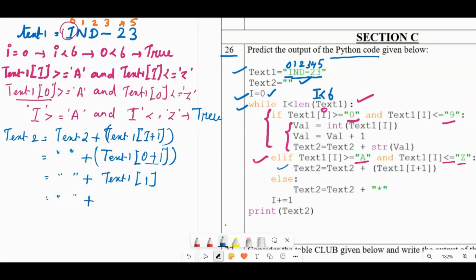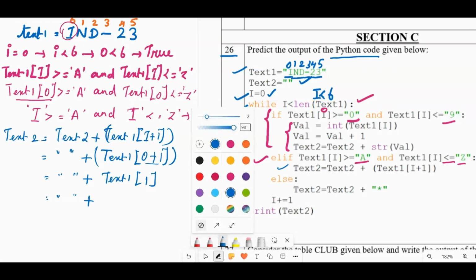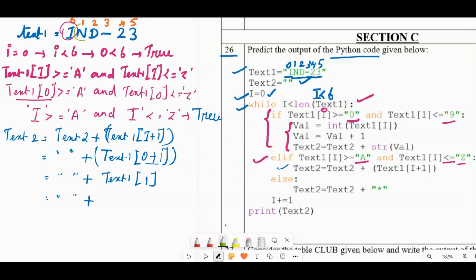So let us see what is in text 1 of 1, which is N. We have the character N in text 1 of 1, so I am writing capital N here. After that we are adding the empty string plus N, that means capital N.